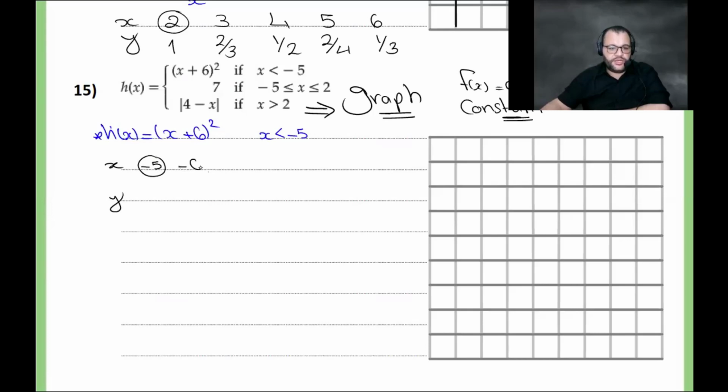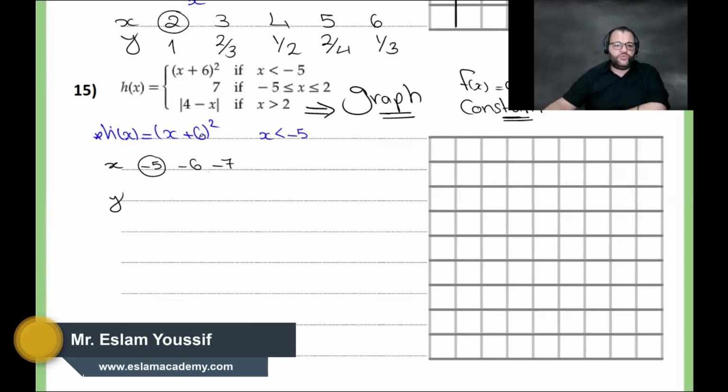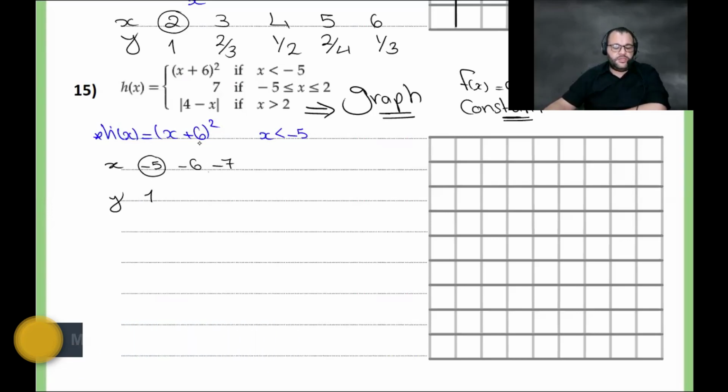Then the next will be negative 6 and negative 7 by substitution. So negative 5 plus 6 equals 1, to the power 2 equals 1. Negative 6 plus 6 equals 0, to the power 2 equals 0. And then negative 7 plus 6 equals negative 1, to the power 2 equals 1. That's for the first one.